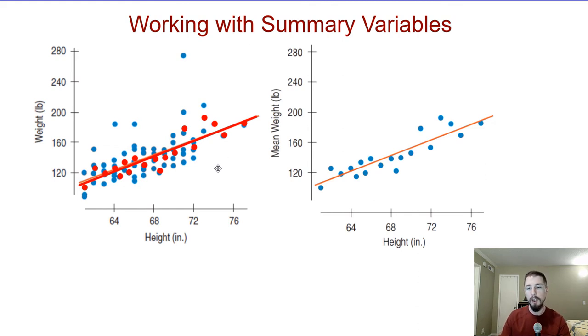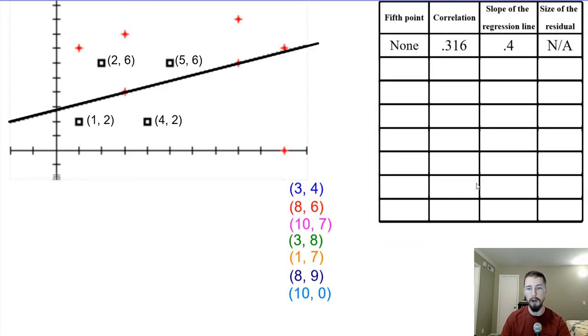And so be careful when you're working with summary variables, and they'll always have a stronger correlation and a higher R squared, naturally. And the best way to measure the strength of the association, of course, is the standard deviation of the residuals, which will tell us the average predictive error that the actual values were from our model.